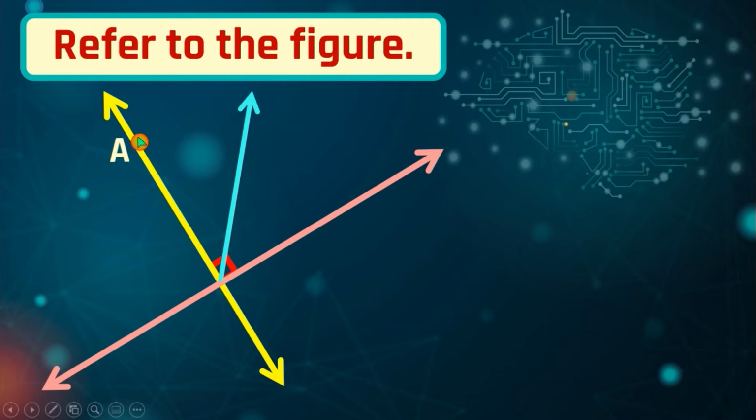Hindi na lang siya visible because we all know that a point is represented by a dot. The smaller the dot, the better because a point has no measure. Then, we have point B, point C, point D, point E, and point X there. So, out of these points, I have here line AD, line CE, and ray XB. And this is my angle 1 and this is my angle 2.